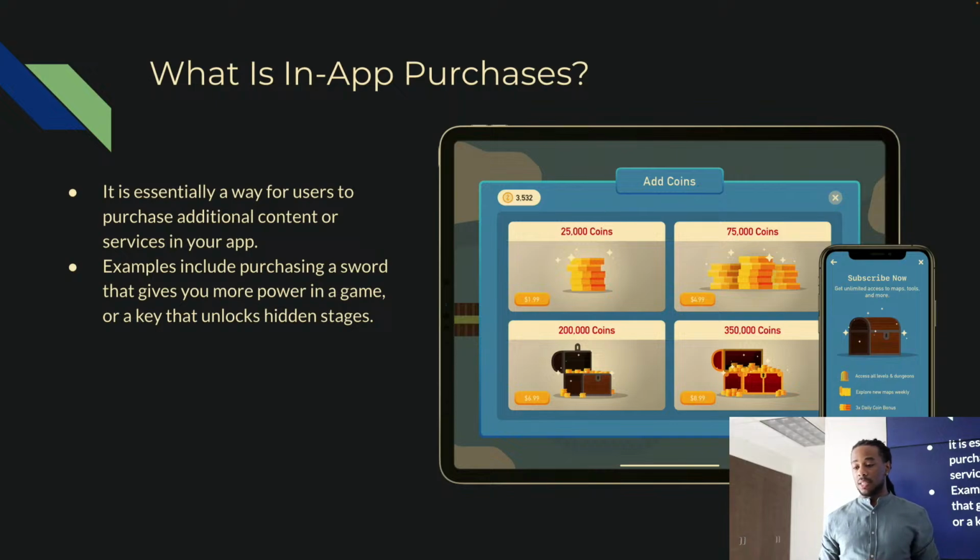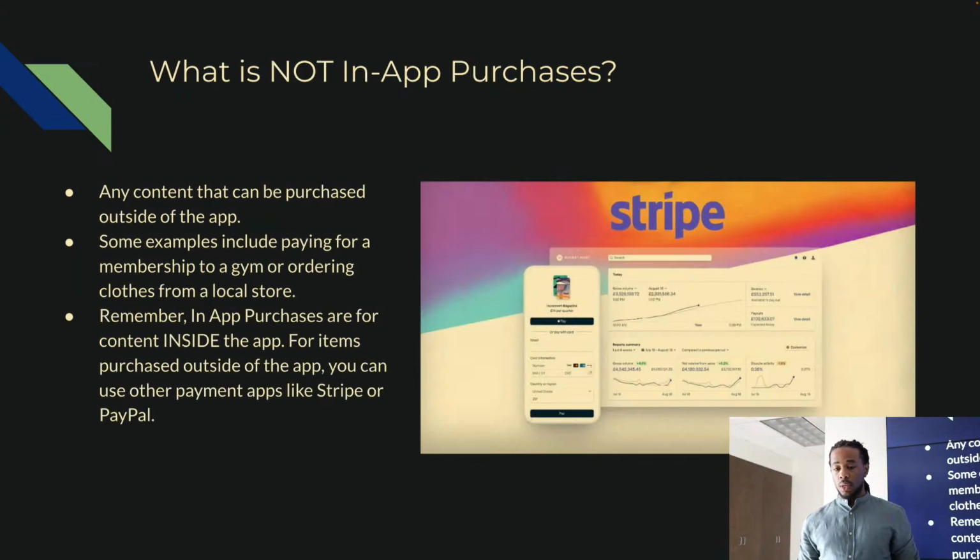As you can see in this example, this is an in-app purchase, usually when you're buying coins from mobile applications. So what is not an in-app purchase? Any content that can be purchased outside of the app is not an in-app purchase. Some examples include paying for a membership to a gym or ordering clothes from a local store.